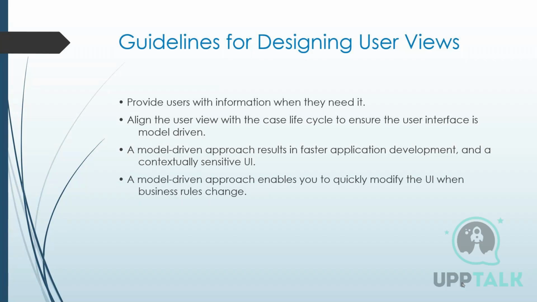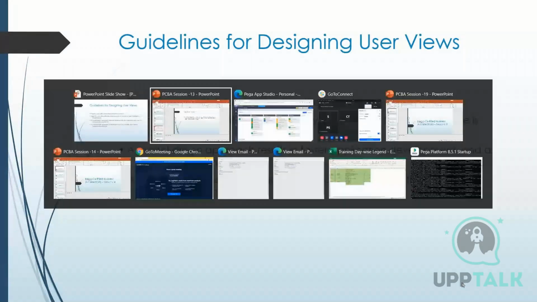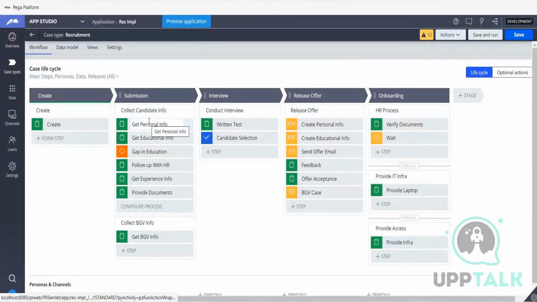Now, if I have to go back to the application once, so let me click on configure view. Where did you click for configure view? I just clicked on the collect information, and then on the right side you will get the contextual properties panel.